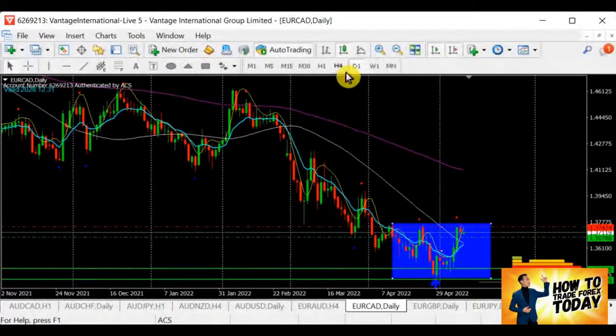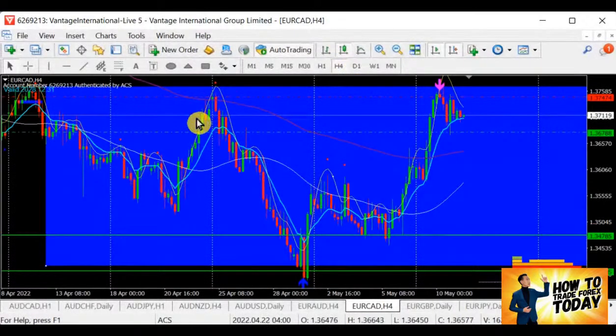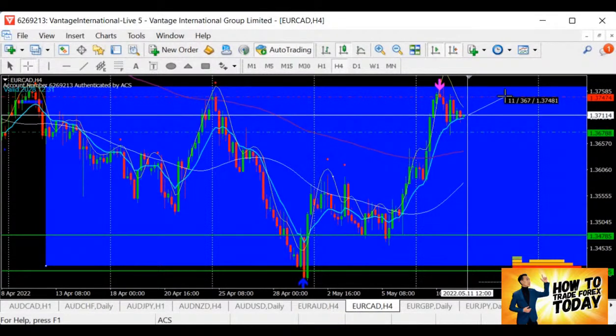By looking at this, we may have a chance to sell since it's in the transition. This is the resistance area, and we have about 36 pips before we test the resistance before we can start selling.